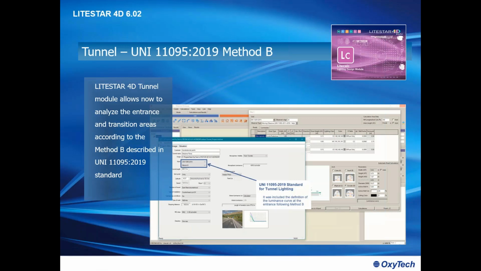As you can see, there is a big difference between this tunnel approach and the CIE 88 approach. This was based on the study of some professors here, and it is widely adopted by the companies managing the tunnels at the freeways in Italy.